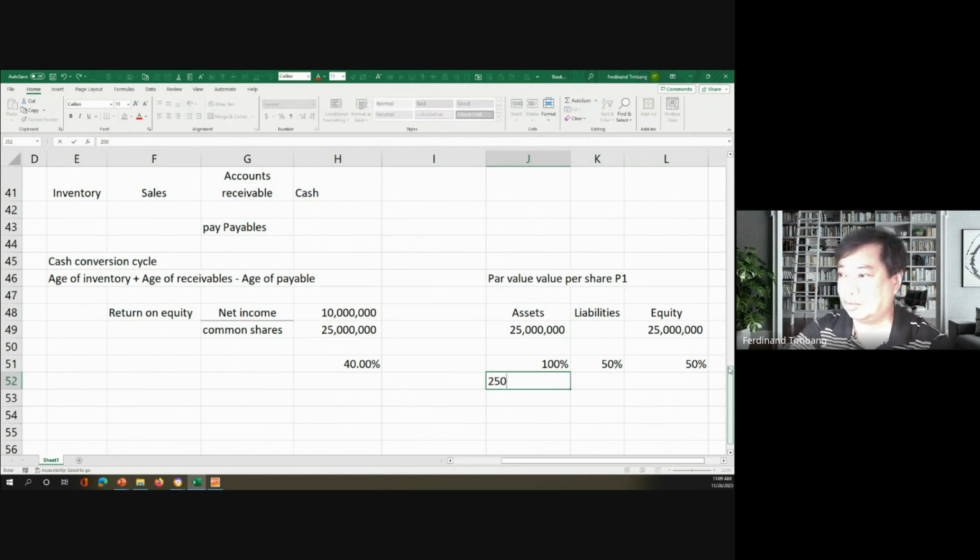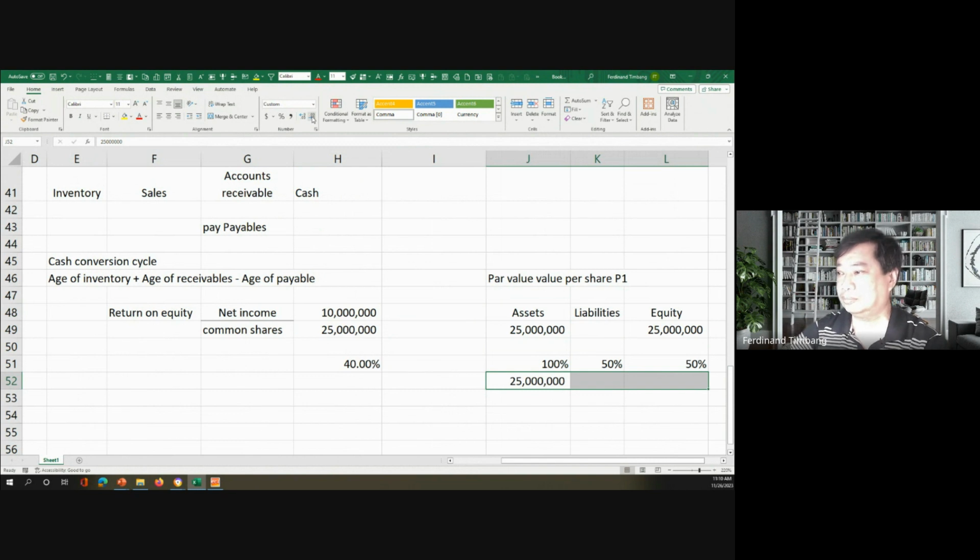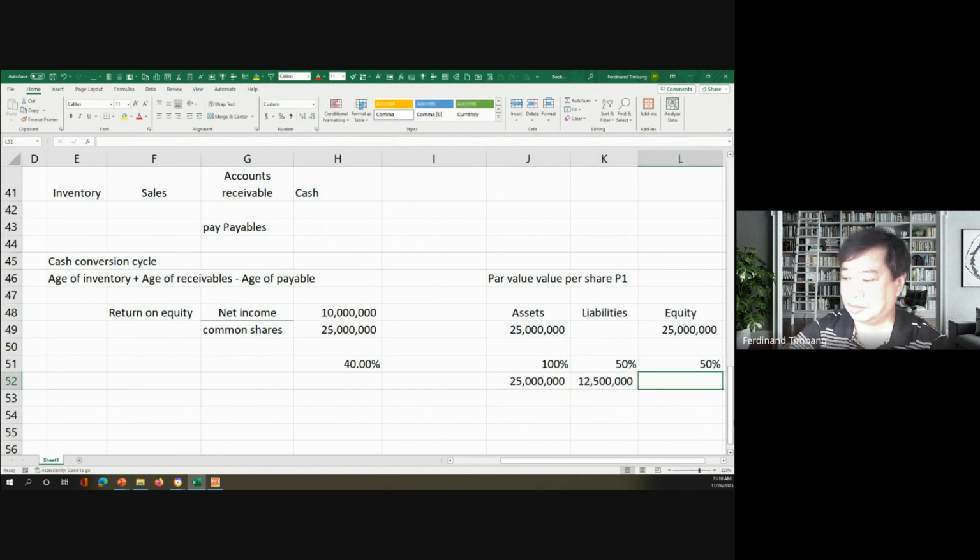Nandito yung 25 million. Meaning, yung liabilities natin dito is 12 million 5. So, this one is also 12 million 5.